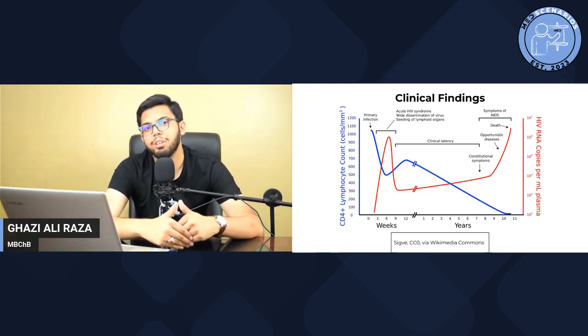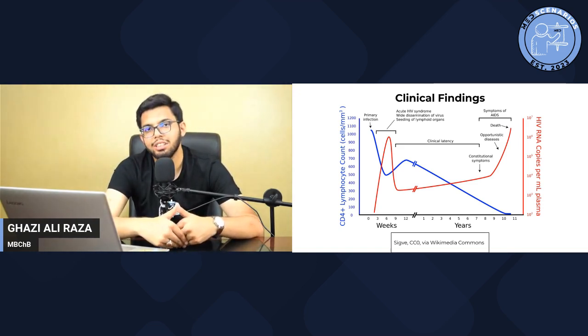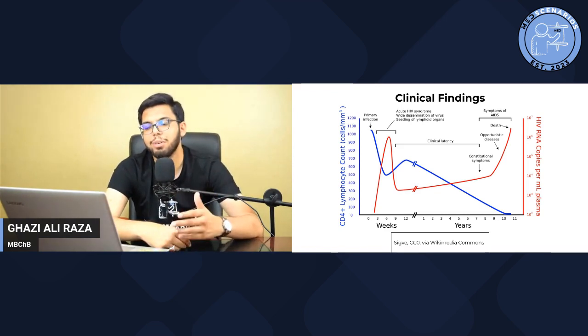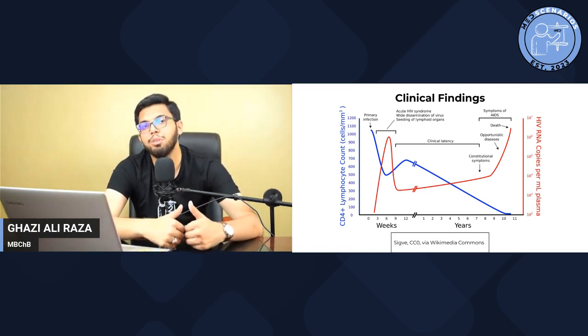Below this, a person is considered to have AIDS, and by this point, inactivation of CD8 plus cells because of the low CD4 cell count helps in the rise of viral load in these patients, increasing the viral load to a very high amount and making a person immune suppressed, as the immune system cannot fight without CD4 and CD8 cells. Thus, the person goes into AIDS and this is the AIDS defining condition.